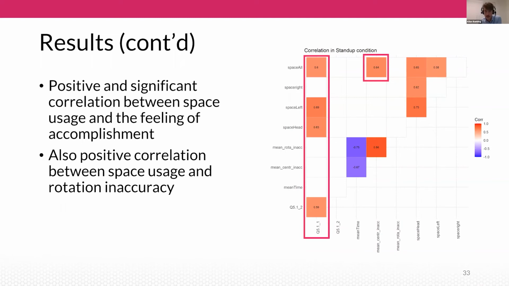It's not correlated with completion time, and it's not correlated with rotation inaccuracy, but it's positively correlated with centroid inaccuracies. So subjects that move around a lot also tend to have a higher inaccuracy, a lower accuracy when completing their tasks on average.